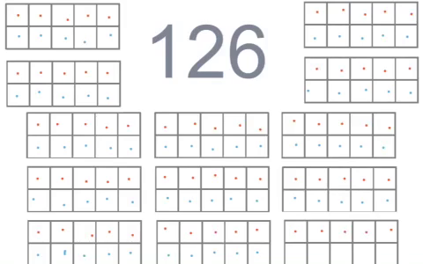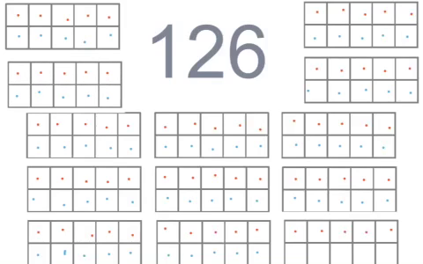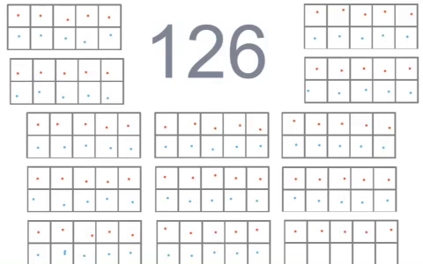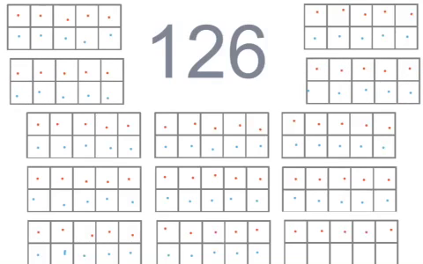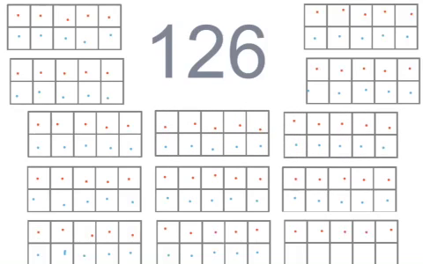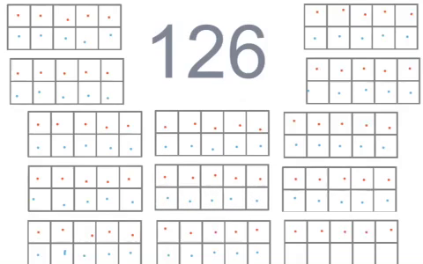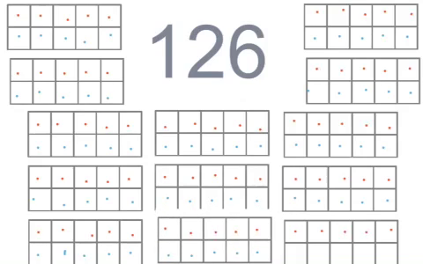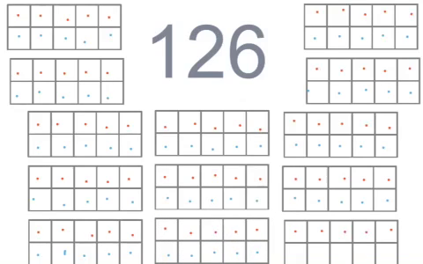If we counted these by 10, we would say 10, 20, 30, 40, 50, 60, 70, 80, 90, 100, 110, 120, 121, 122, 123, 124, and 125.